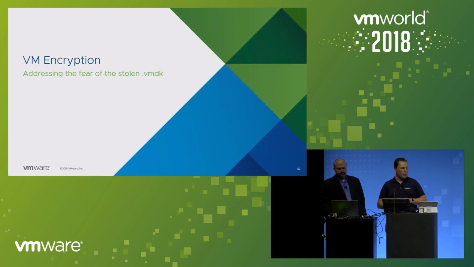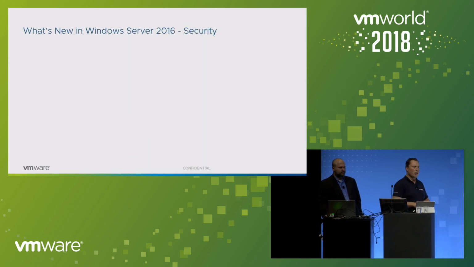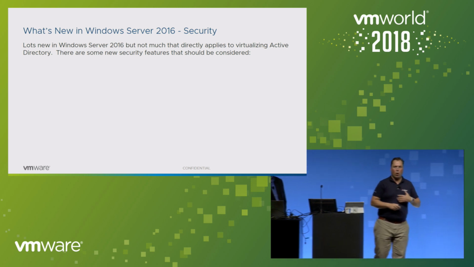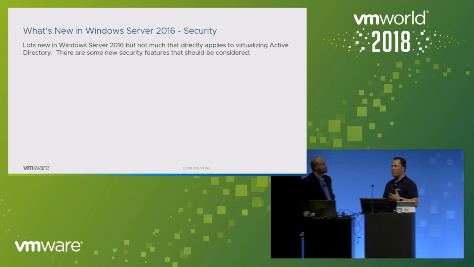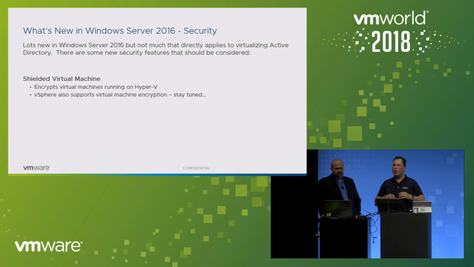And let's talk about VM encryption, because we have about 5 minutes left to really talk about a neat feature that we have since vSphere 6.5. Because if we use VM encryption, what we can do is we can have the new vTPM inside the virtual machine, and if we have the new vTPM, we can have virtualization-based security.